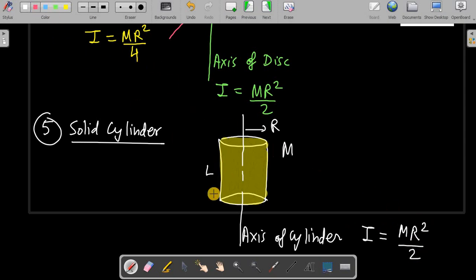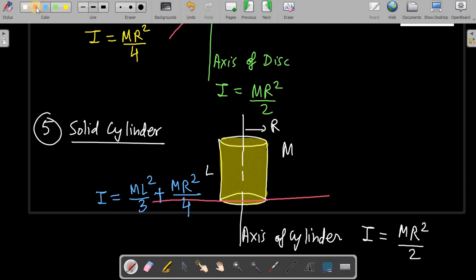But if you have to take the axis through one of the ends, like a diameter, the moment of inertia will be, because it's like a rod also, m L square by 3, plus, since it's like a diameter also, you have to add m r square by 4.